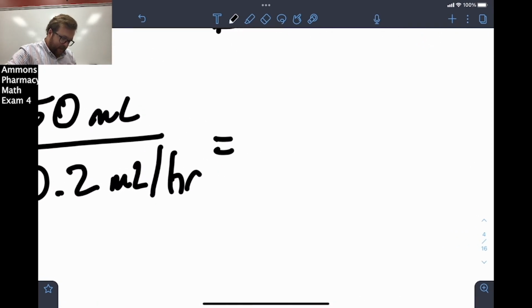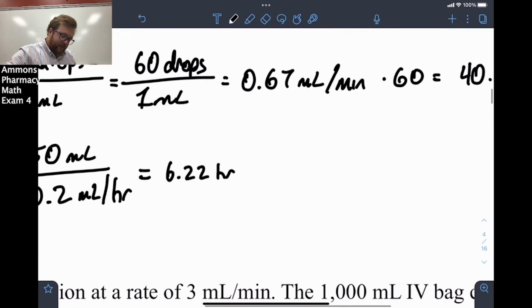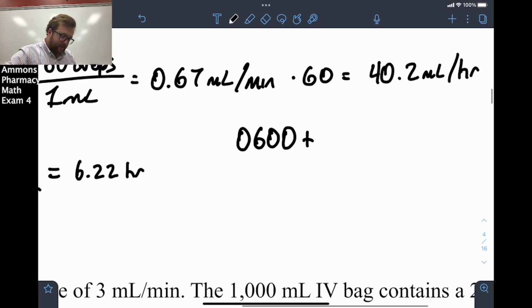is going to be 6.22 hours. When did we start it? We started at 6 a.m., which is the same as 0600 hours, and we need to add 6.22 hours. Okay, but just remember, 6.22 is not the same as 622.